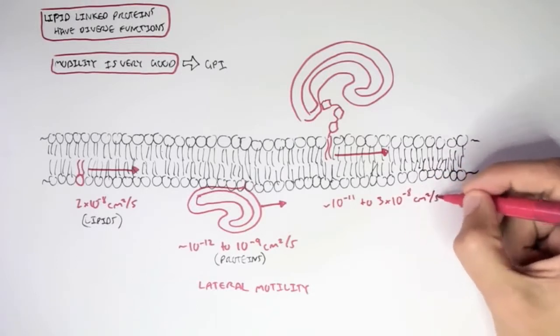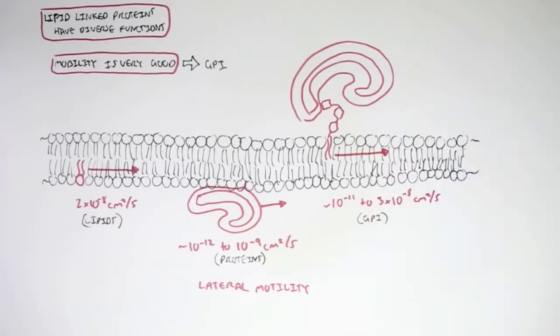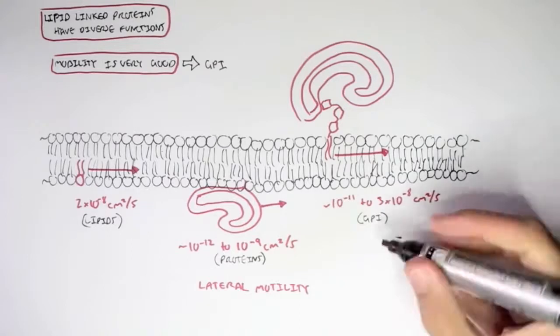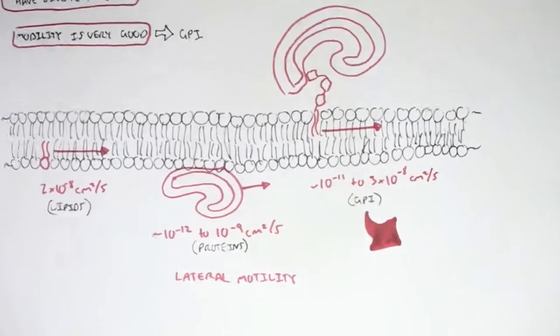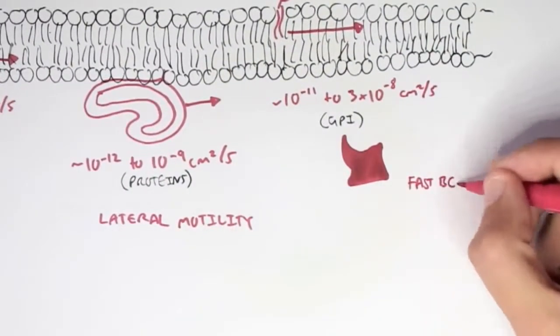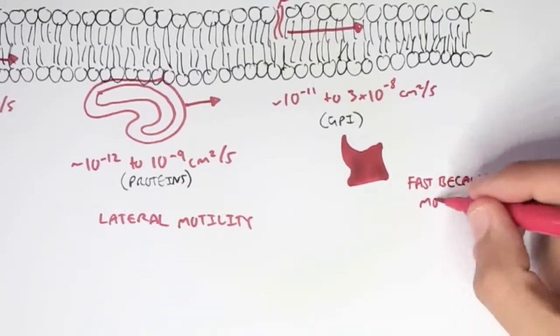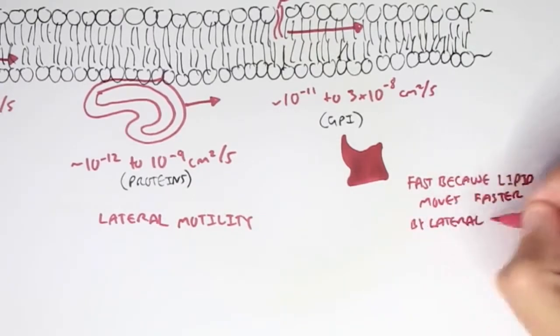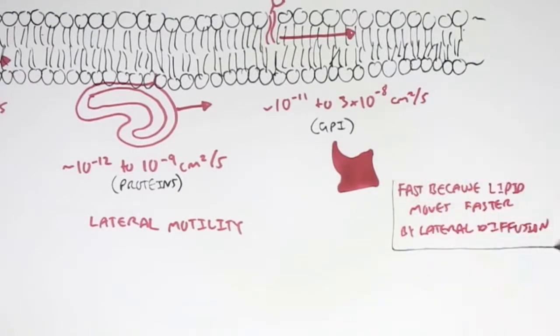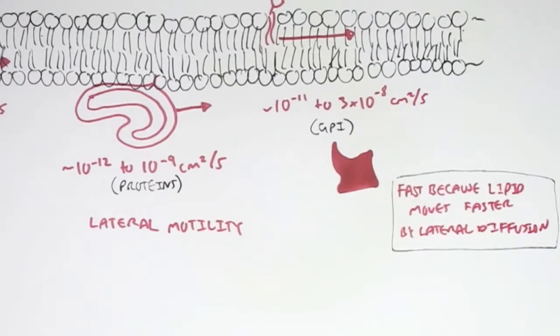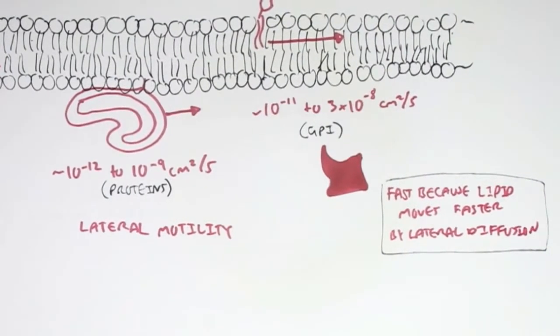Now, if we look at GPI protein, glycosyl phosphatidylinositol protein, it moves at about 10 to the negative 11 to 3 times 10 to the negative 8 centimeters squared a second. And so these figures show this GPI protein moves just a bit slower than the lipid, but a lot faster than normal proteins. And this is, of course, because the protein is attached to a lipid structure and so it can move quite easily. So that concludes the video for part 2.